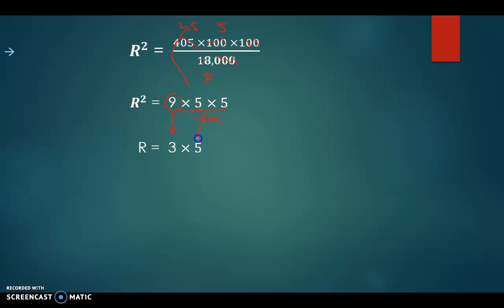Now R is the square root: the square root of 9 is 3 and the square root of 25 is 5. So 5 multiply 3 is the value of the rate of interest, which is 15. So the rate of interest is 15%.